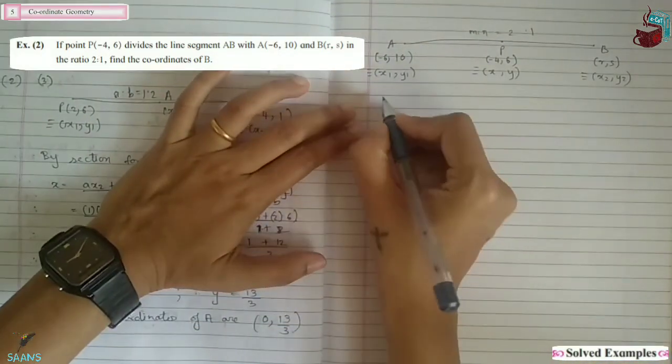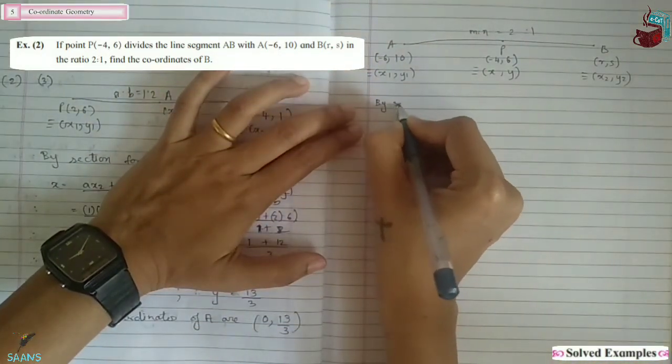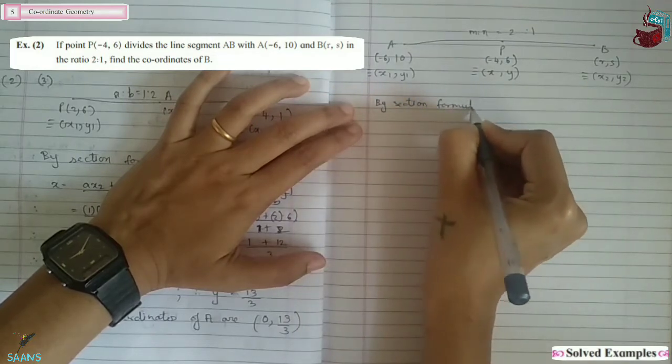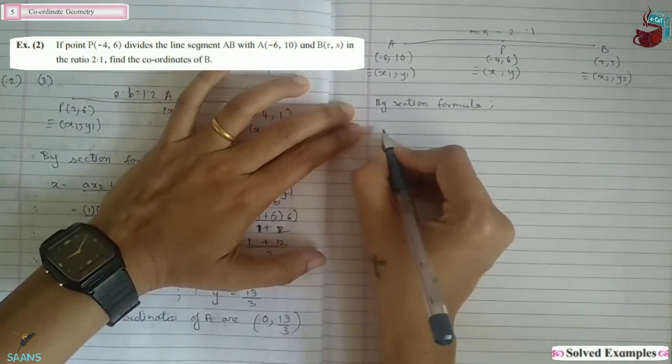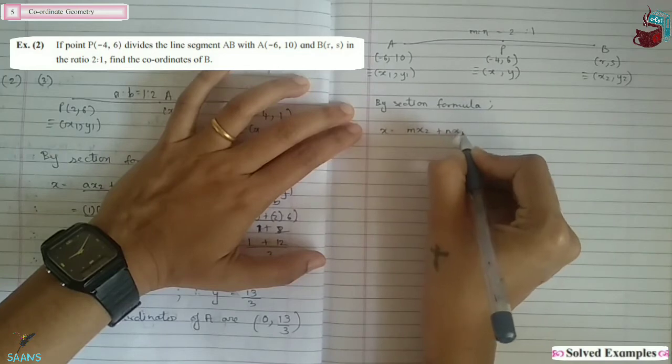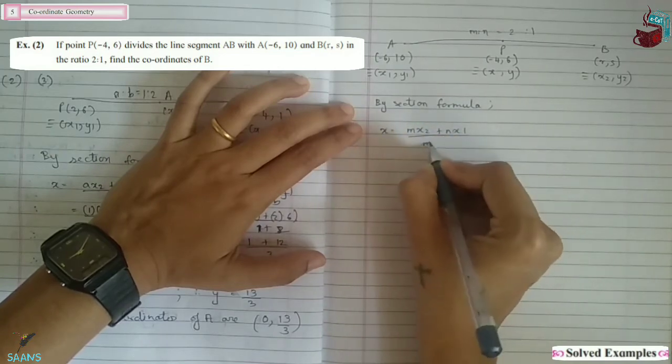By the section formula, we know that x = (mx2 + nx1)/(m + n).